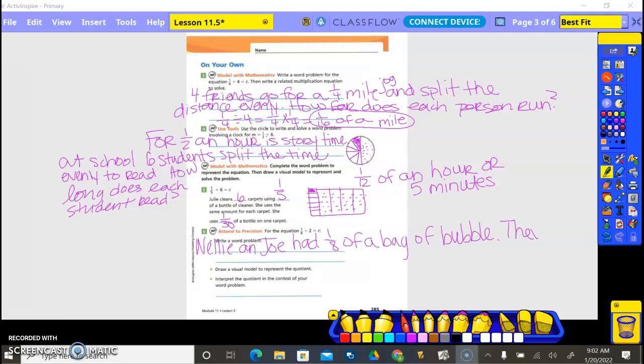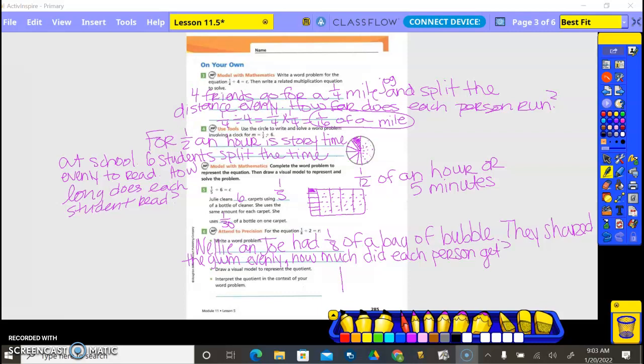They shared the gum evenly. How much did each person get?